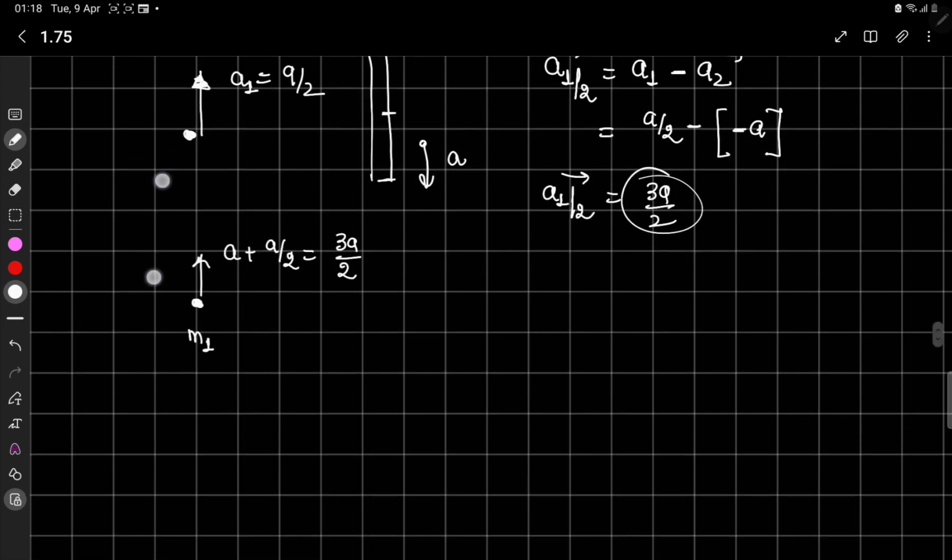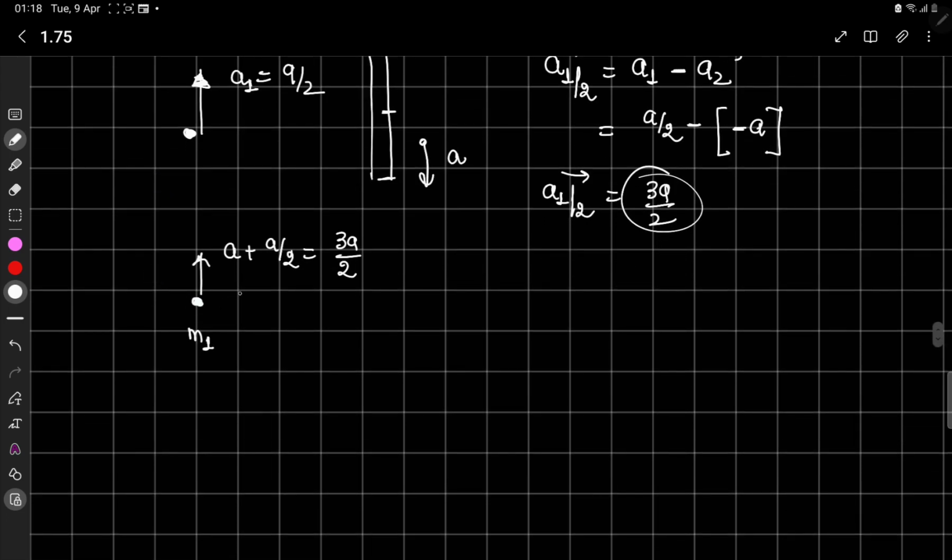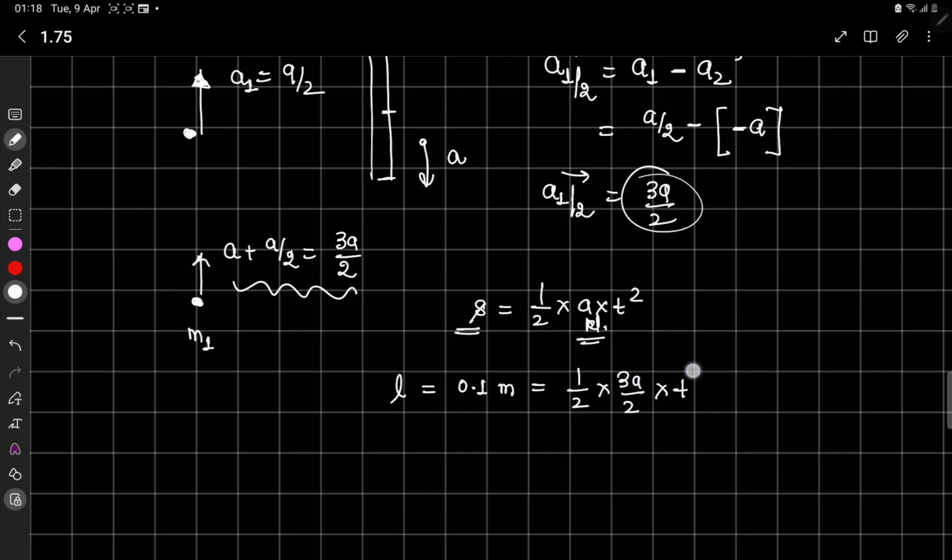So basically the acceleration of body 1 with respect to 2 will be 3a by 2. Okay, so the overall acceleration of mass m1 with respect to mass m2 is 3a by 2, and we know that the distance traveled is equal to half into a into t squared. Here s is basically L, that is 100 centimeter, equal to 0.1 meter, which is equal to half into the relative acceleration 3a by 2 into t squared.